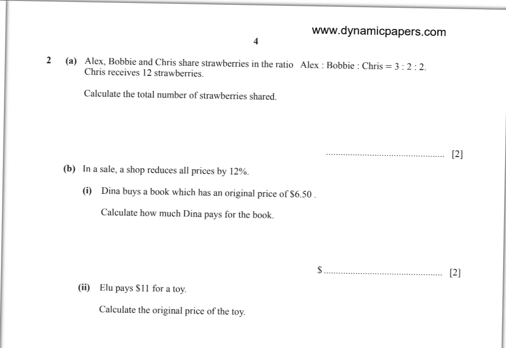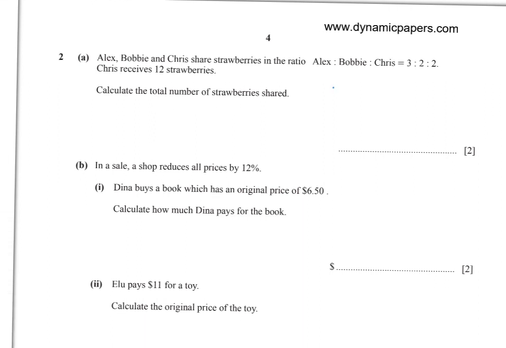Number 2. Can you read? Alex, Bobby, and Chris share strawberries in the ratio 3 to 2 to 2. Chris receives 12 strawberries. Calculate the total number of strawberries shared. So the ratio between Alex, Bobby and Chris is 3:2:2. We need to find the total.